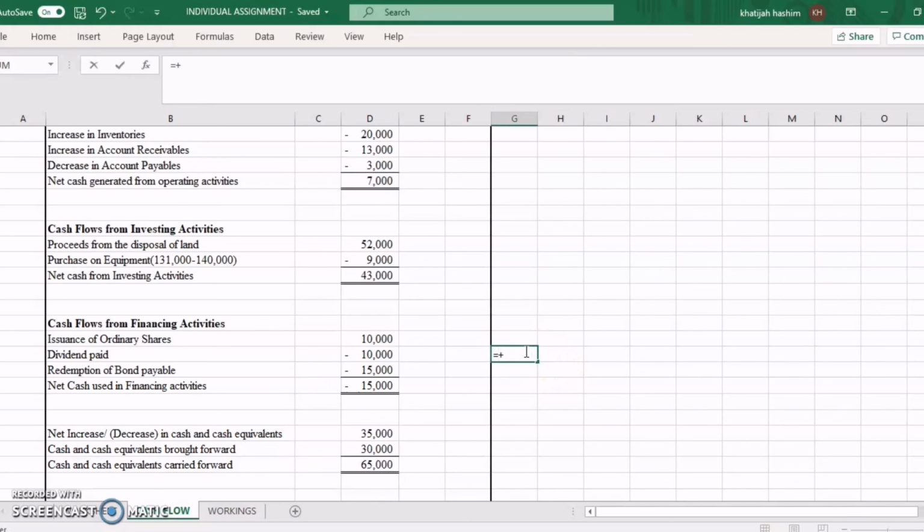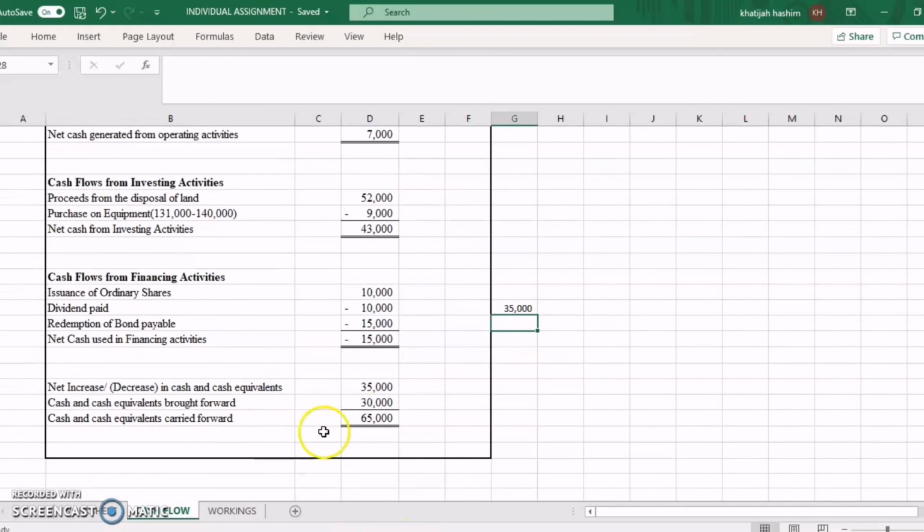So we add together the activities: we add 7,000, 43,000 and negative 15,000. So we got 35,000 for the net increase or decrease in cash and cash equivalents.